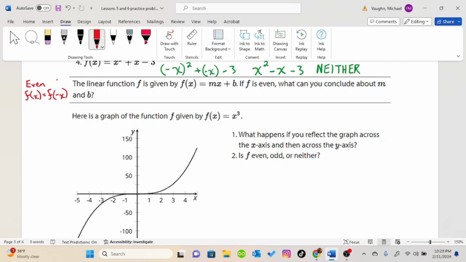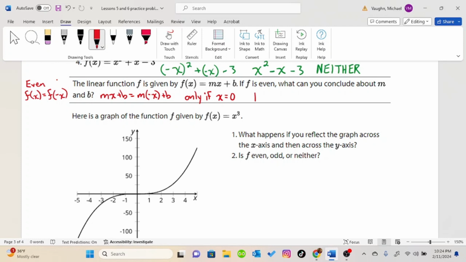So if I plug negative x in there, then mx plus b would have to equal m times negative x plus b, and that can only happen if m equals 0. And if m equals 0, then mx goes away, and this just equals b.